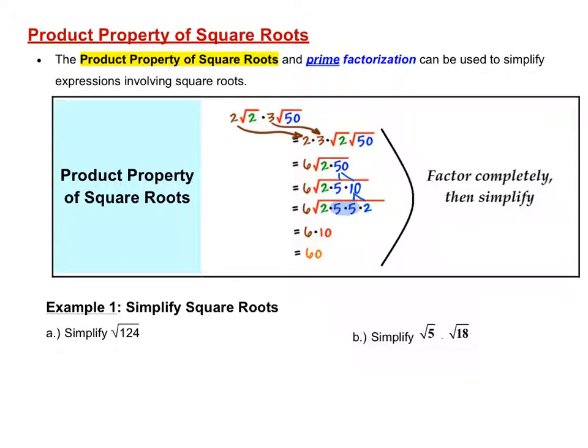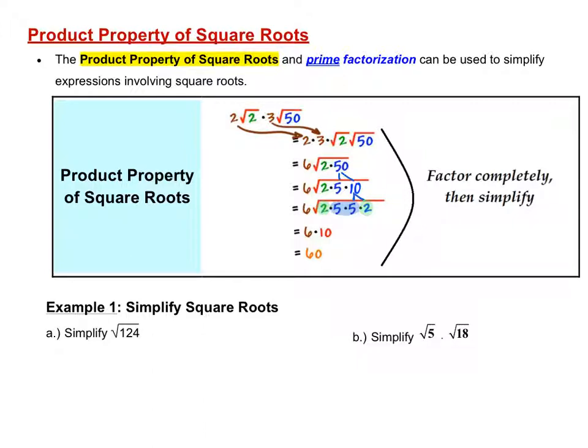We're taking the square root, so we're looking for 2. Every time we have a pair of numbers, so in this case we have 2 5s, that means 5 can come out of the radical. And we also notice that we have a 2 and another 2. That means that the 2's can also come out of the radical.